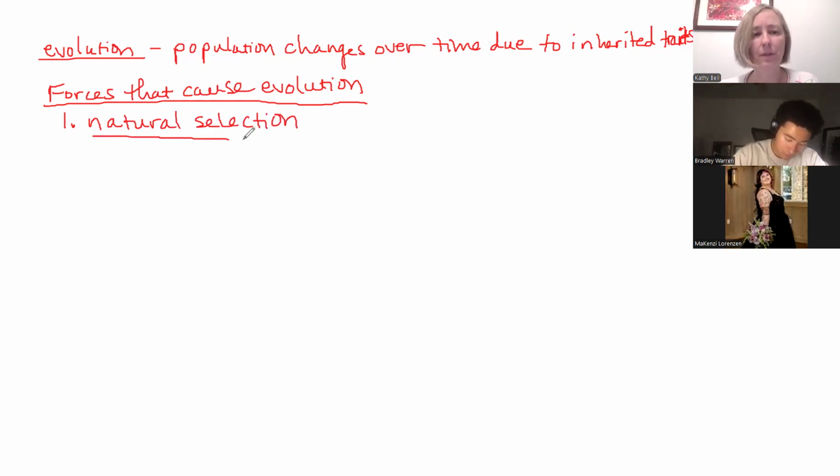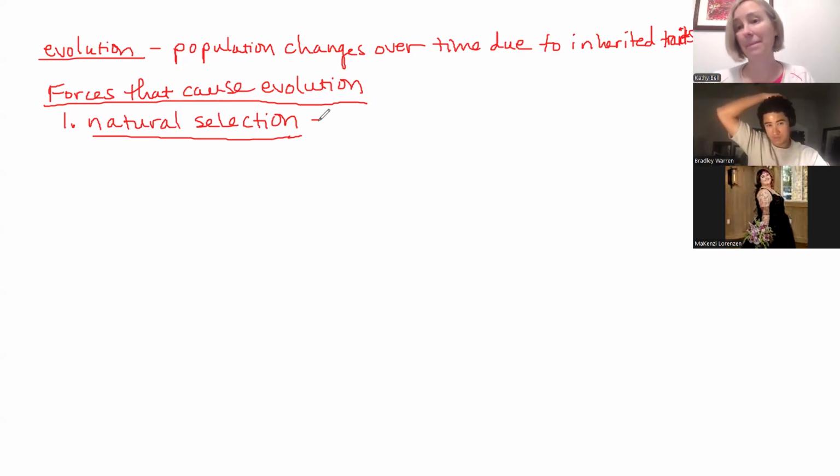And what is natural selection talking about? Organisms with the traits best suited to survive will breed and make more organisms with those traits. Exactly. So nature is going to select for those individuals best adapted to the environment, and they will survive and reproduce and then pass on those favorable traits to their offspring.